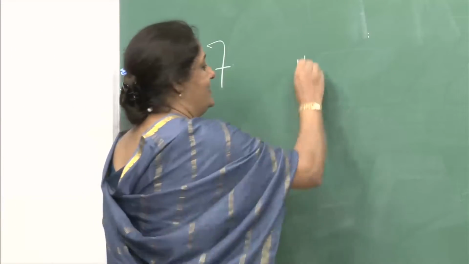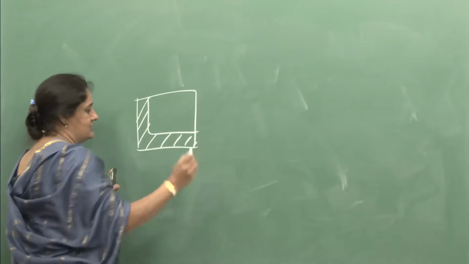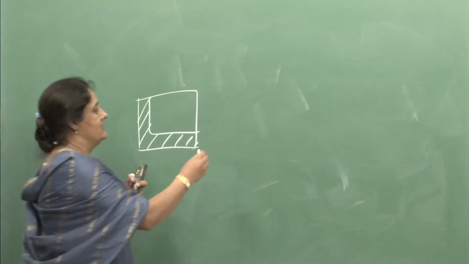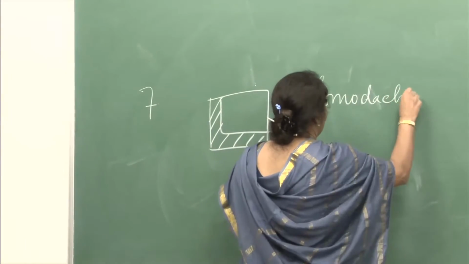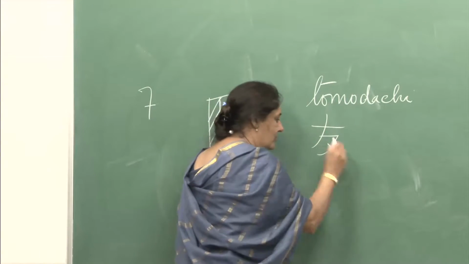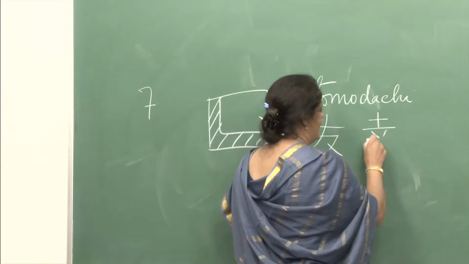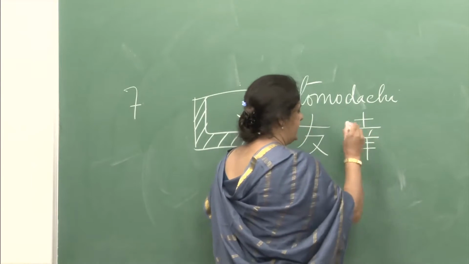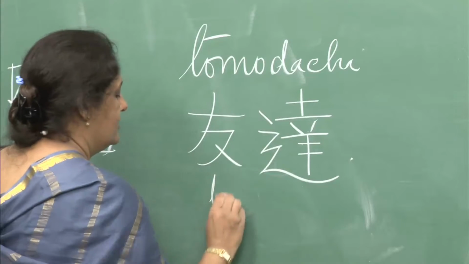You can also have the character in this place. Now, what is the word that we have done with this? We have done tomodachi, tomo, and 1, 2, 3, 4, 5, 6, 7, 8, 9, 10, 11 and 12.